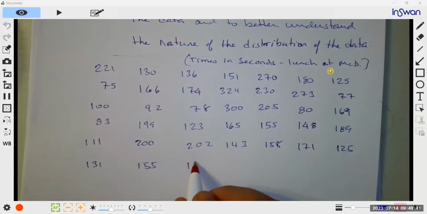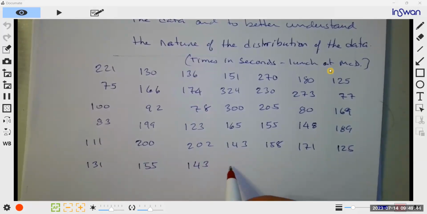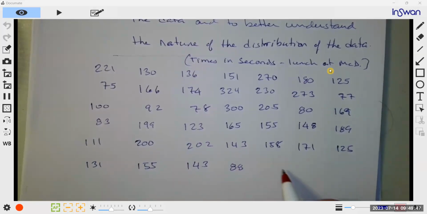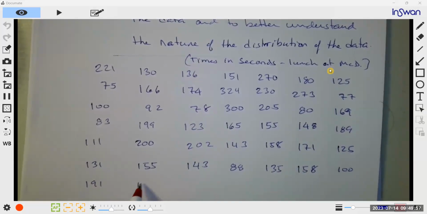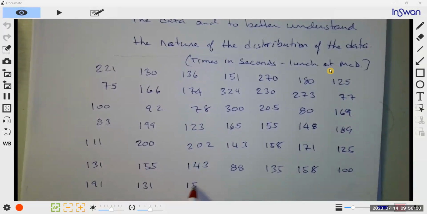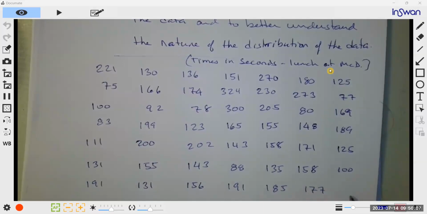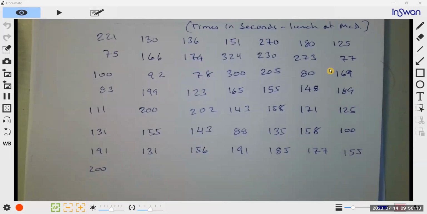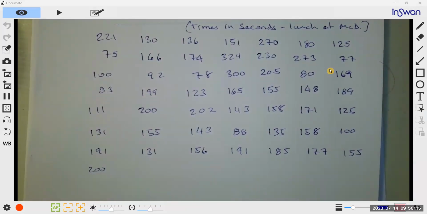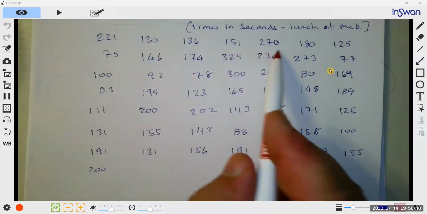As you see, the more data you have, the more spread out, the more headache it gives you just by looking at it. So that's what we're going to do. We're going to take this data and figure out how best to organize it. 1, 2, 3, 4, 5, 6, 7.